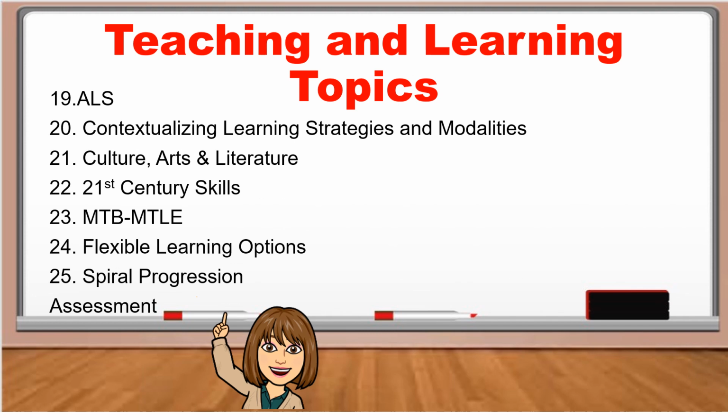Other topics for your action and applied research are the Alternative Learning System or ALS, contextualizing learning strategies and modalities, culture, arts, and literature, 21st century skills, MTB-MLE, flexible learning options, spiral progression assessment.